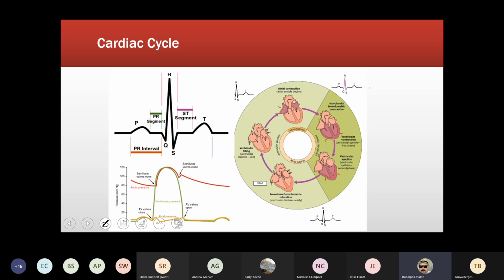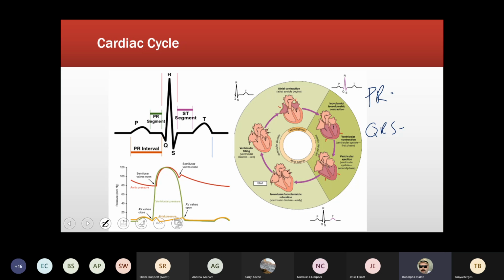And those numbers are our PR segment and our QRS segment. And remember, I'm looking for time. When we talk about EKG paper, it represents distance and time. As we go down a strip of paper, the longer the distance, the more time it's taking. Does anybody remember what a normal PR interval is?